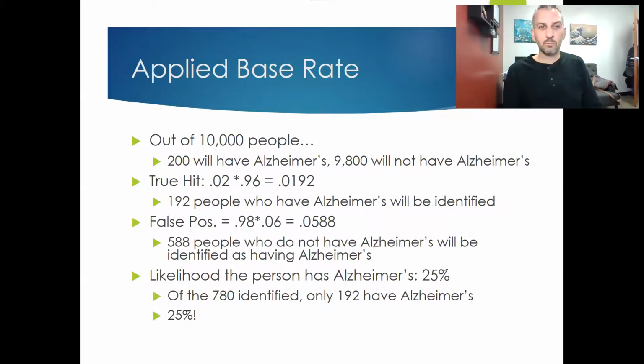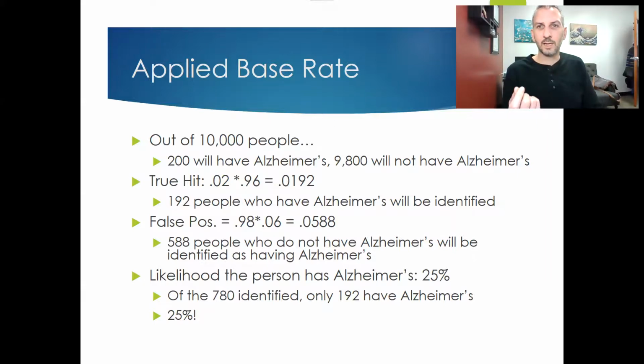But compared to the 192 who did have Alzheimer's and were identified, that's pretty high. So 192 out of 780 is about 25%. So we have a problem.